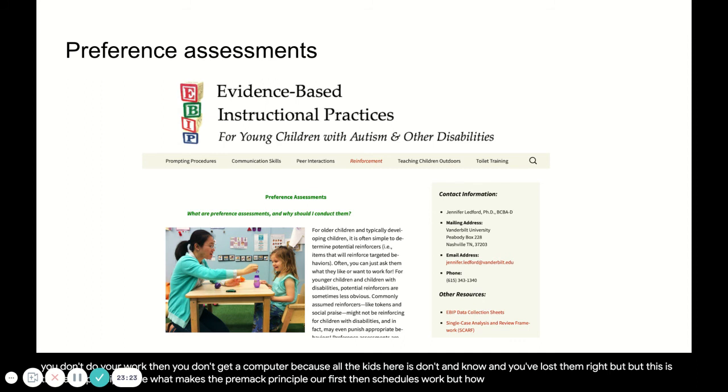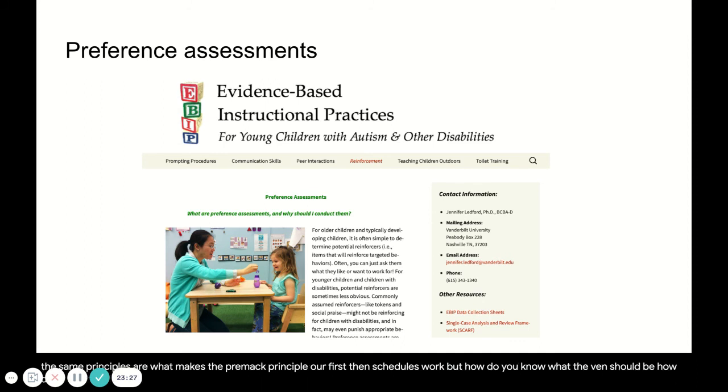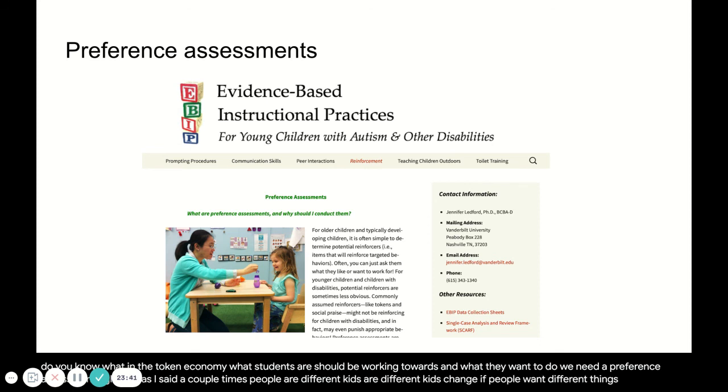But how do you know what the then should be? How do you know, in the token economy, what students should be working towards and what they want to do? We need a preference assessment. As I said a couple of times, people are different, kids are different, kids change, and people want different things at different times.